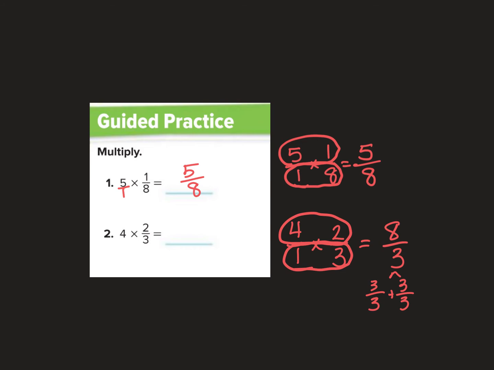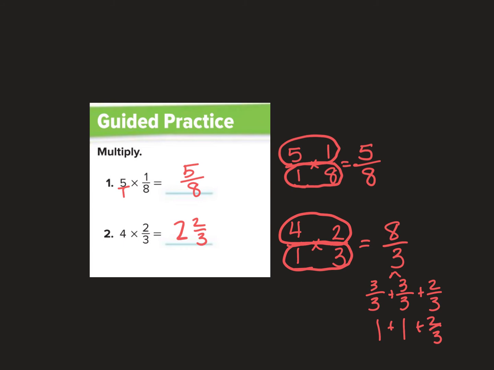Right? Can I fit another 3 in there? Nope. Plus 2 over 3. So I've got 1 plus 1 plus 2/3. So it would be 2 and 2/3.